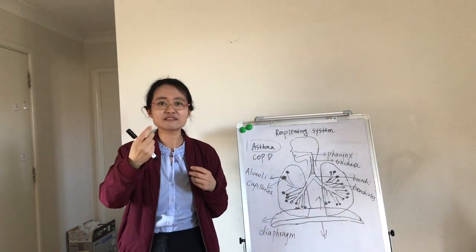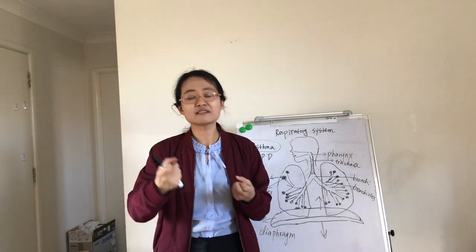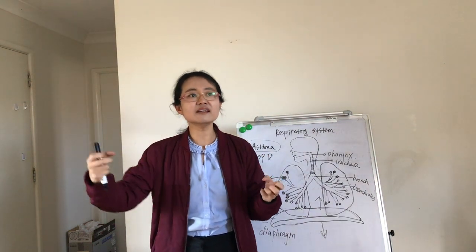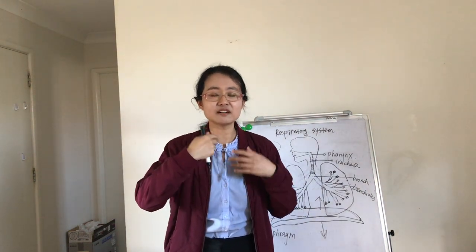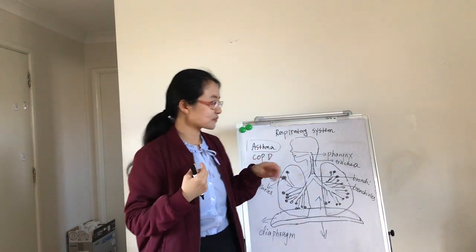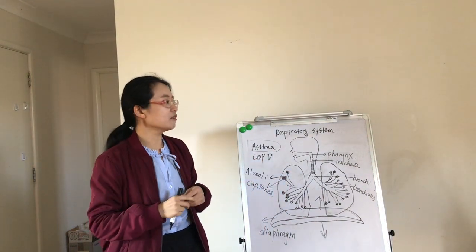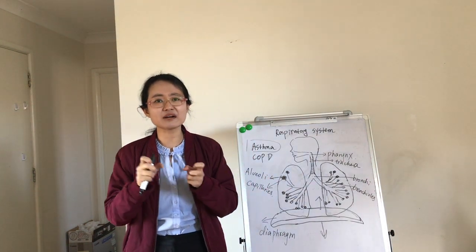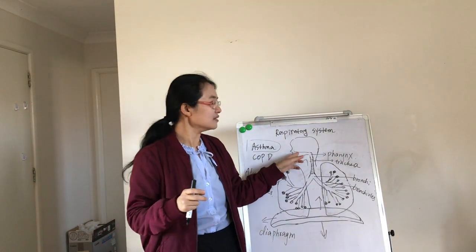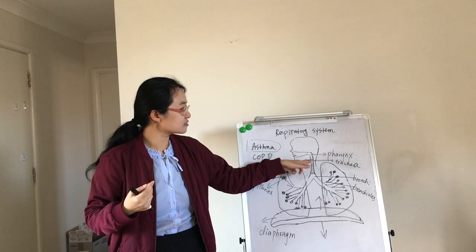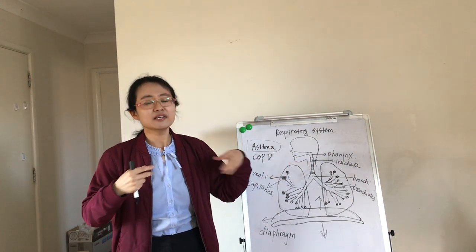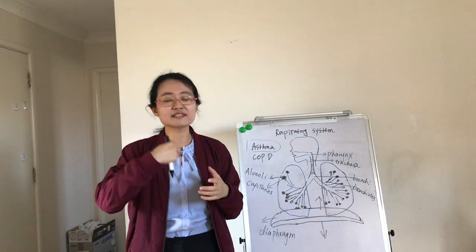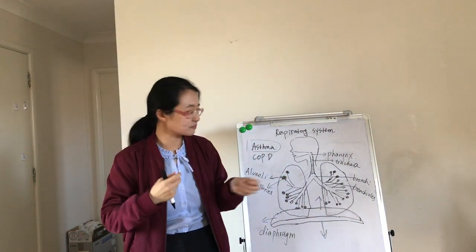When they breathe in certain things such as dust, pollen, or other irritants or polluted air, because their airway is extremely sensitive and hyperactive, when these things travel down into the airway, it will become really inflamed and produce an excessive amount of mucus.